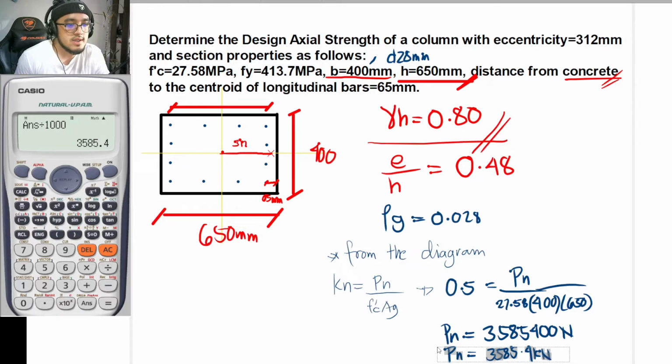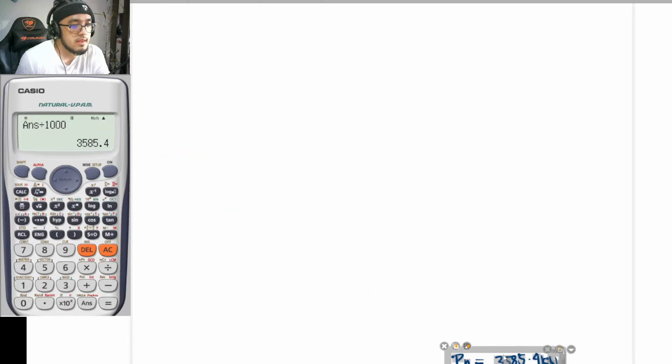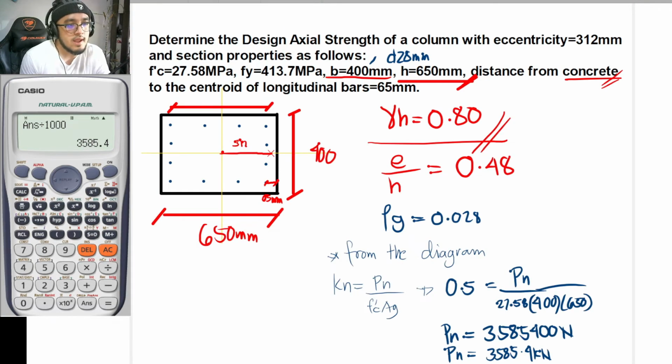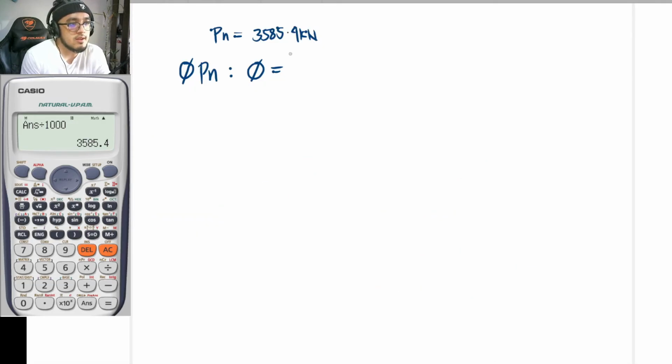So there. However, guys, the question here is what is the design axial strength. So for the design axial strength, guys, that should be phi Pn. So if this is now your Pn, for the value of your phi Pn, considering that phi is to be equal to, so this is now to be a laterally tied since this is a square. So by default, unless otherwise specified, this is a tied column. So our phi is to be equal to 0.65.